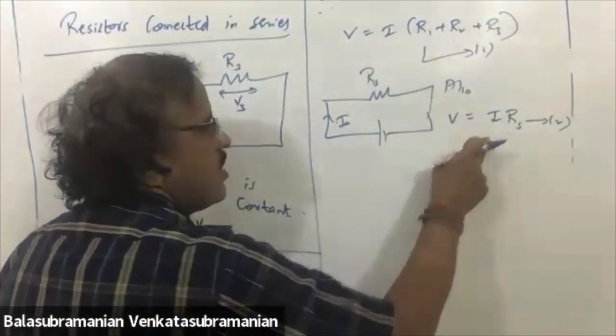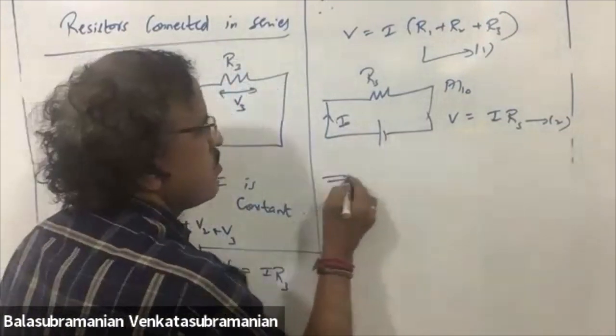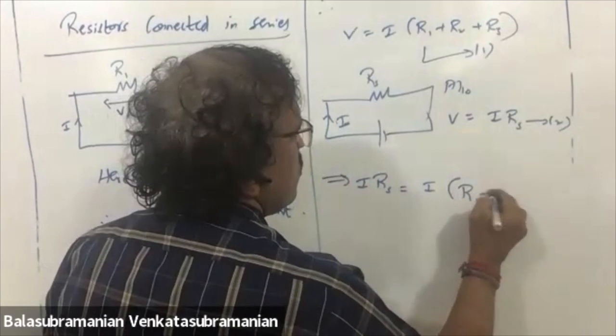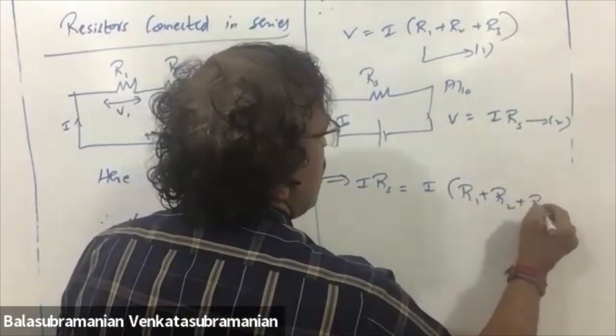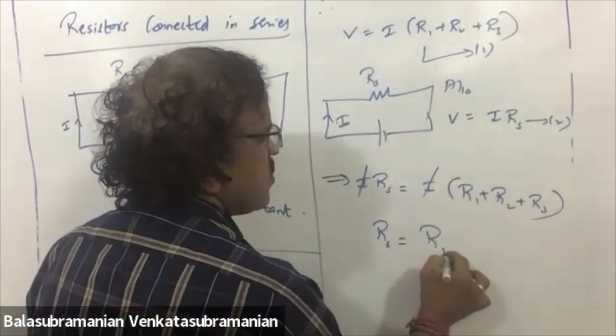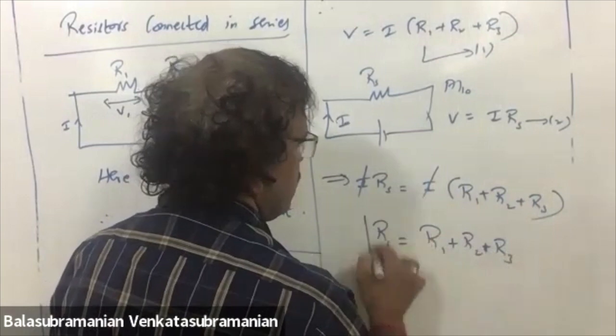Here also current is constant. Compare these two. I RS is equal to I into R1 plus R2 plus R3. I cancels. RS is R1 plus R2 plus R3.